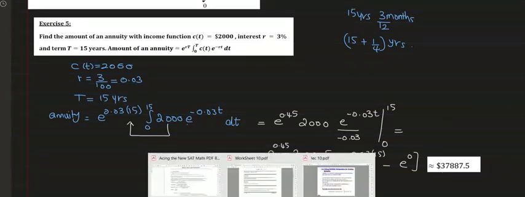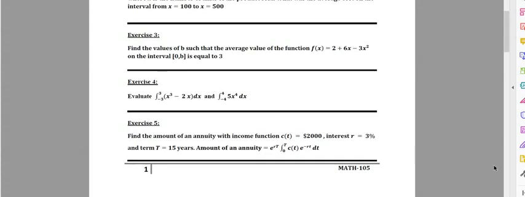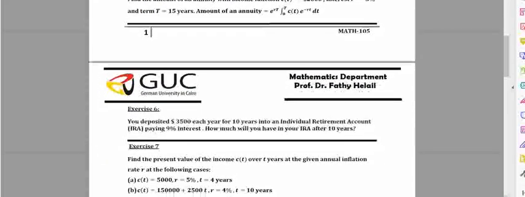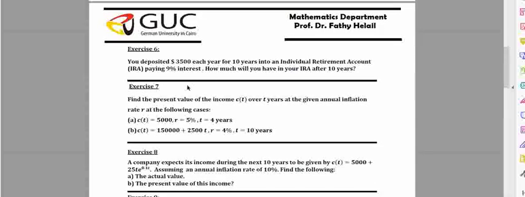So in the worksheet, we have other exercises for the same thing, where we will use the same formula. Here, you deposited $3,500 each year for 10 years into an individual retirement account, paying 9% interest. How much will you have in your individual retirement account after 10 years?